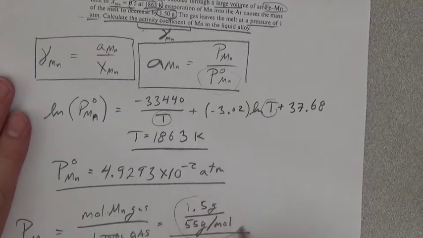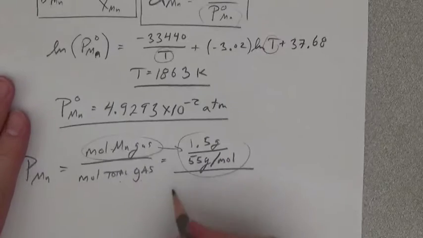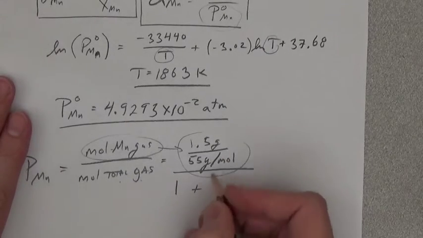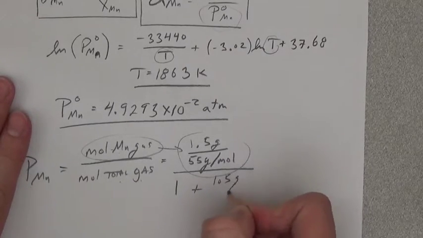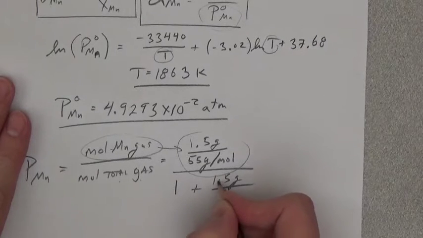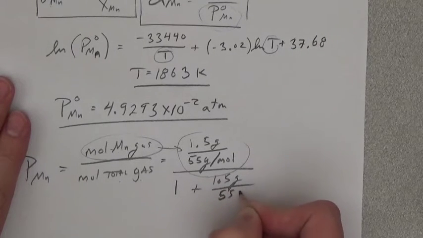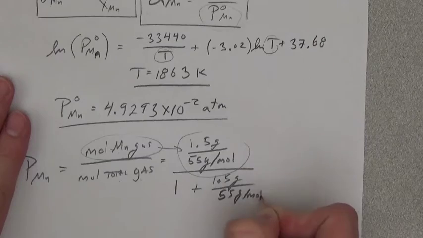And then the total mole of gas is equal to 1 plus 1.5 gram divided by 55 gram per mole.